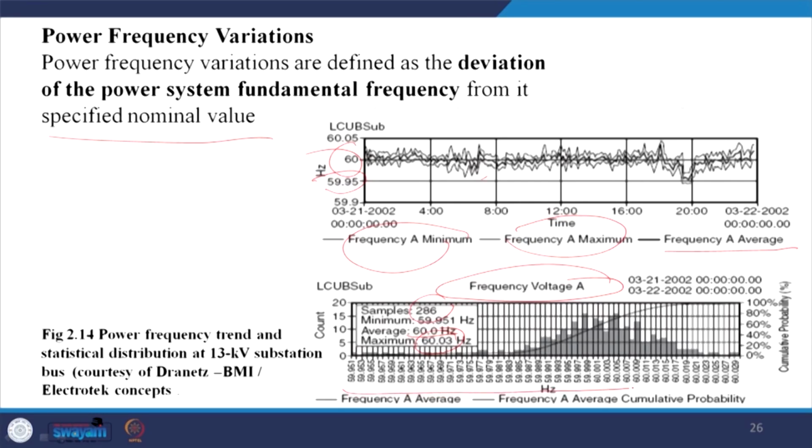This is the time tag data of various entities, and this is the way it varies. So, this is a power frequency trend and statistical distribution in a 13 kV substation bus, courtesy of this company.